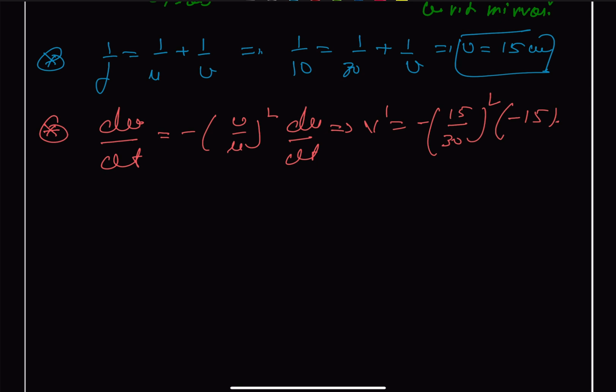Okay, and here this du by dt is nothing but v naught, and v naught is moving towards the mirror, so that's why taken as a negative. So we get our v prime will be equal to 15 by 4 centimeter per second.